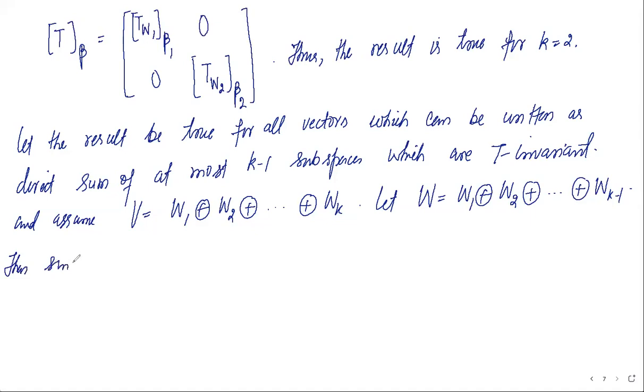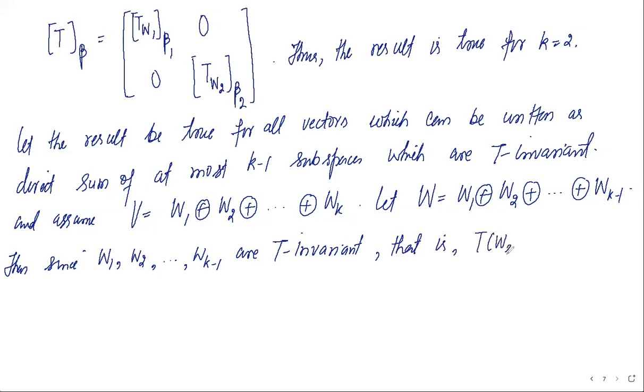So then it can clearly be seen that since W1, W2, so on, Wk minus 1 are T invariant, that is, T of Wi is contained in Wi for 1 less or equal to i less or equal to k minus 1.